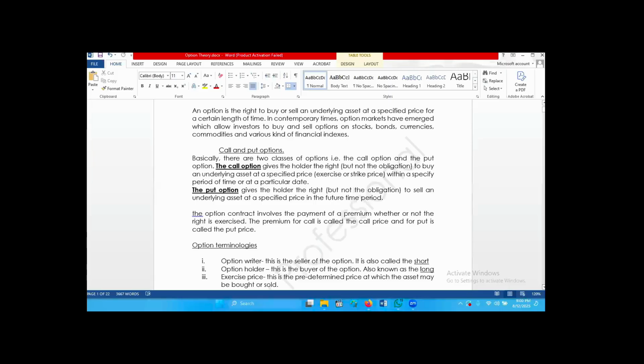So you are going to pay so as to obtain the right to buy or the right to sell. This premium must be paid whether or not the right is exercised. And this premium is not refundable.